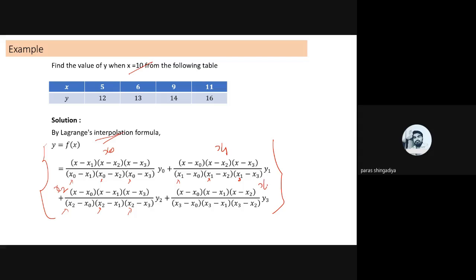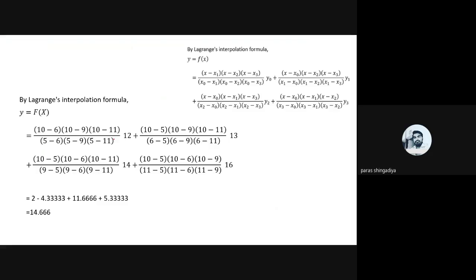And the last term is for x3: skip x3 in the numerator and use x3 in place of x in the denominator. All values are available as per the table, and we replace each value. X is also given in this example. Simplify each term, and then we can find the required answer.